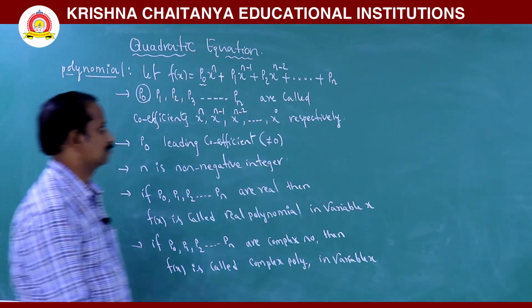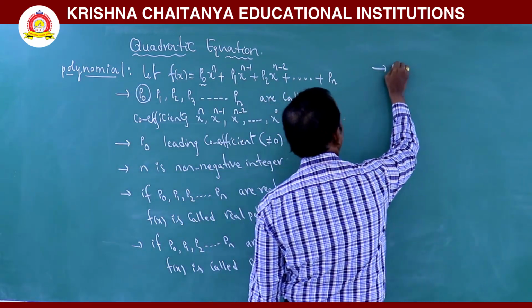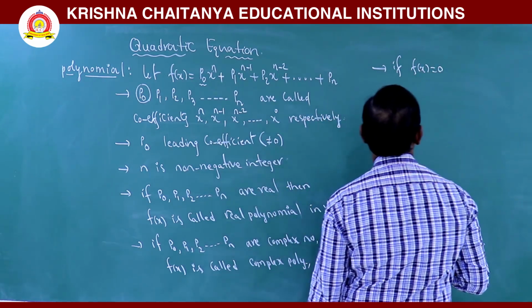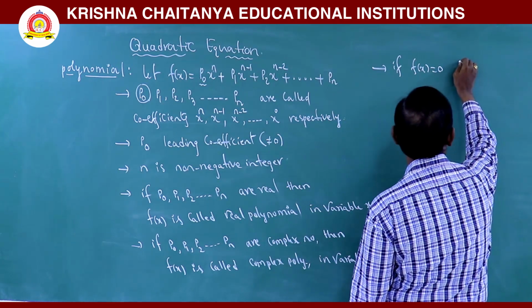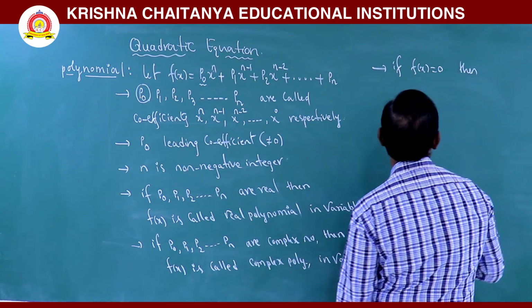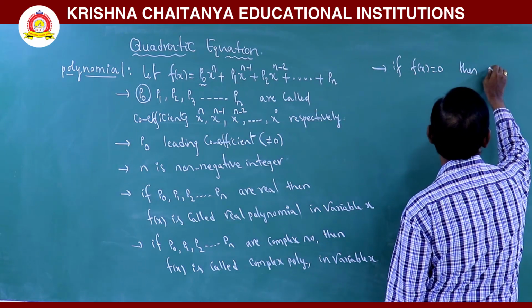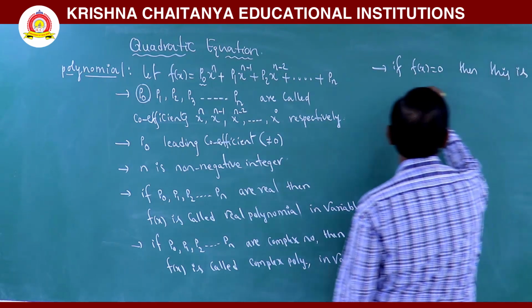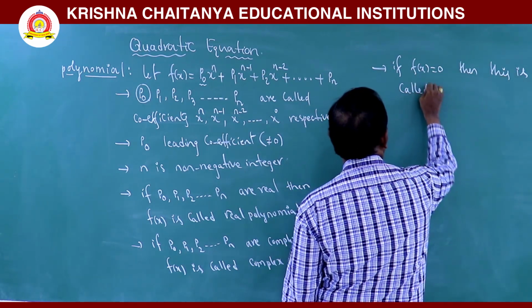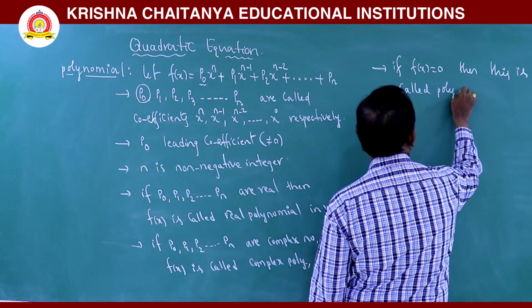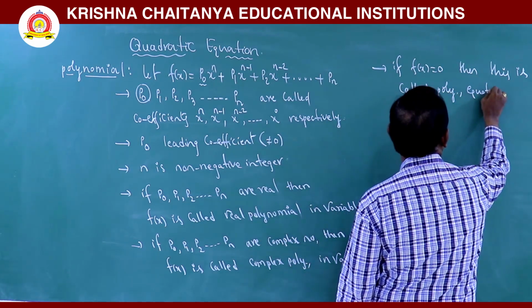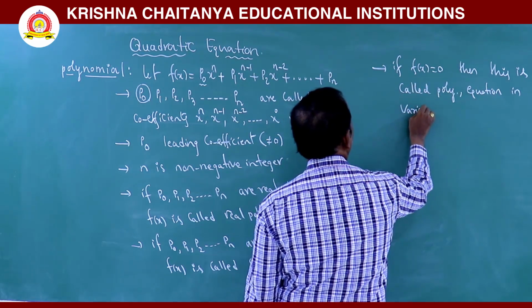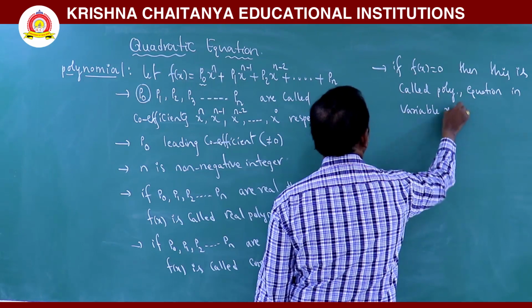And also if f of x is equal to 0, then in this case it is called a polynomial equation in variable x.